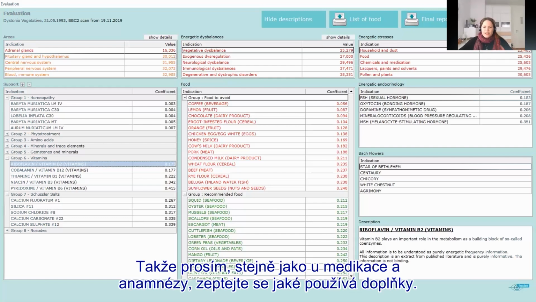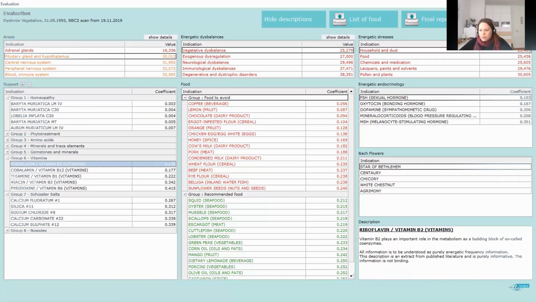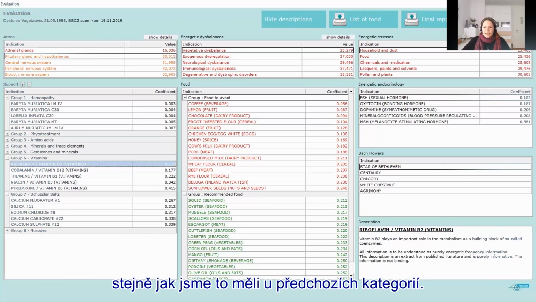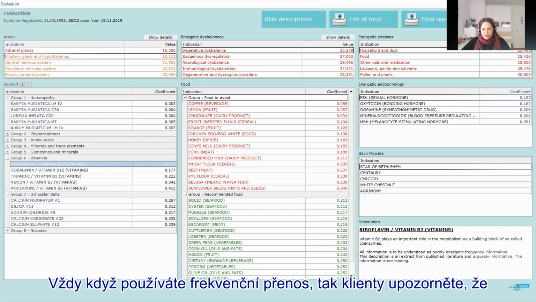So please, like we had with the medication anamnesis, ask what supplements they take as well, because this gives you information about the patient. This is the difference between the energetic and the physical body, as we had in the top categories before. You're always safe when you use the frequency transfer.